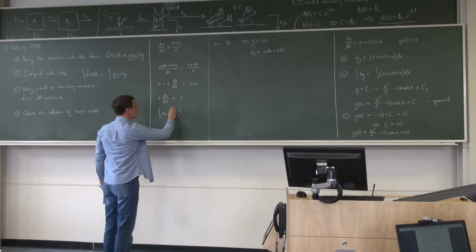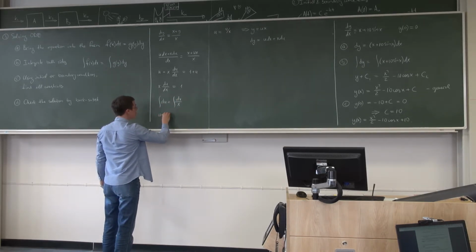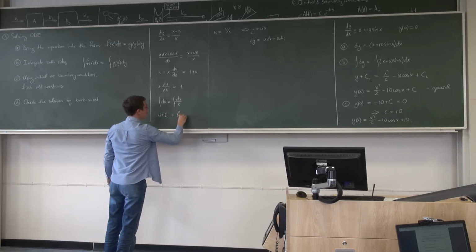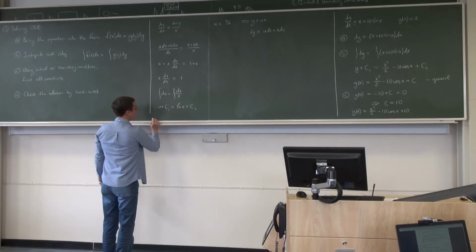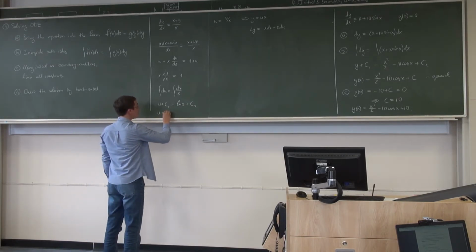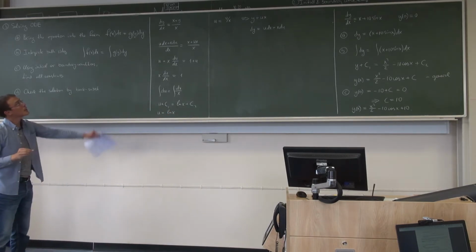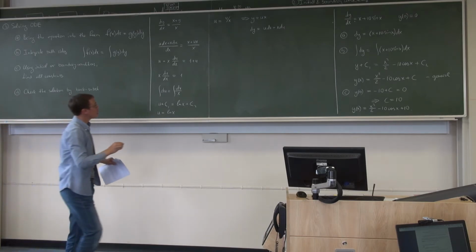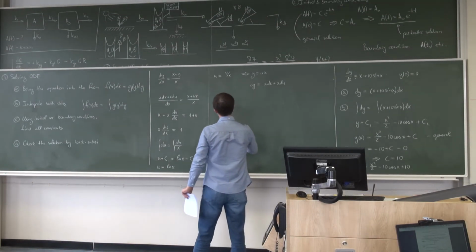So, integral du, integral dx over x. This is just u plus a constant. This is log x plus a constant, constant 1, constant 2. And so the general solution for this is that u equals log x plus a constant. But remember that u itself was y over x, and therefore what we now need to do is to reverse that substitution.